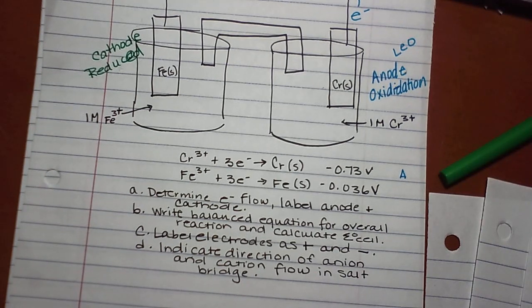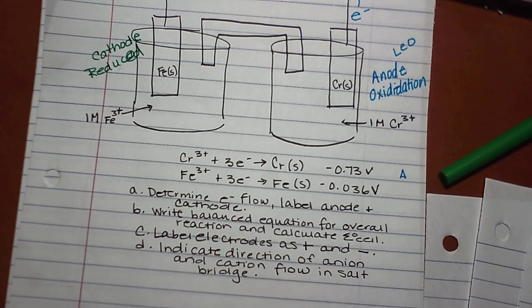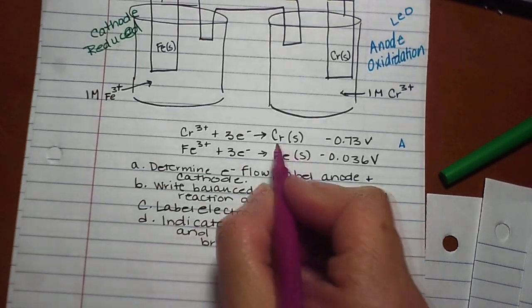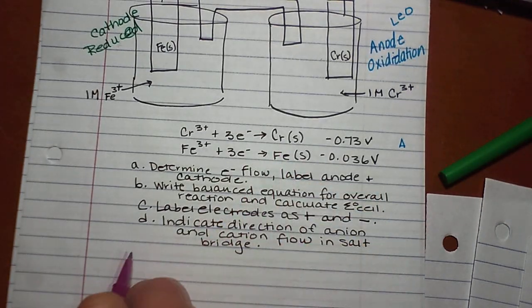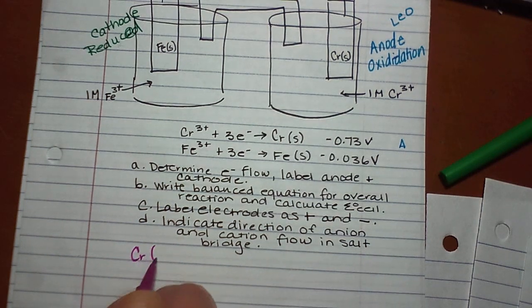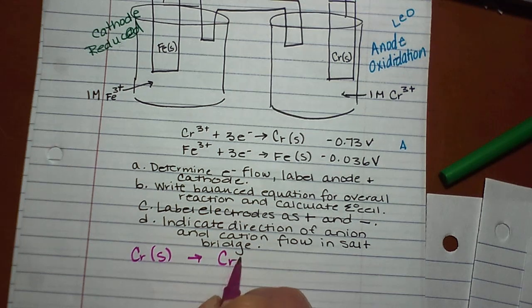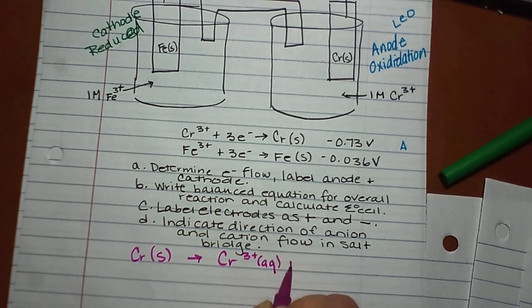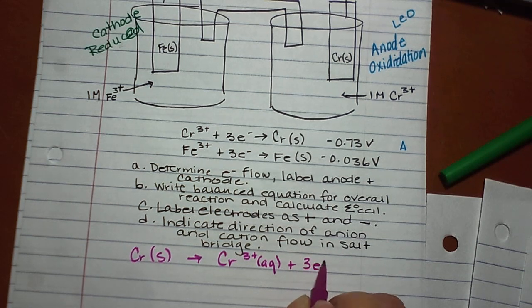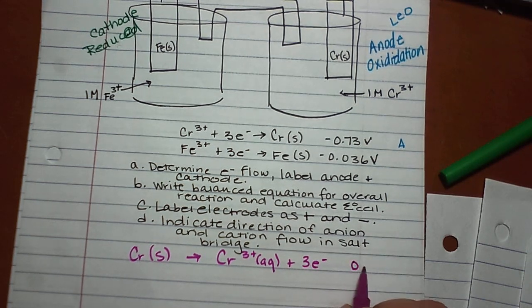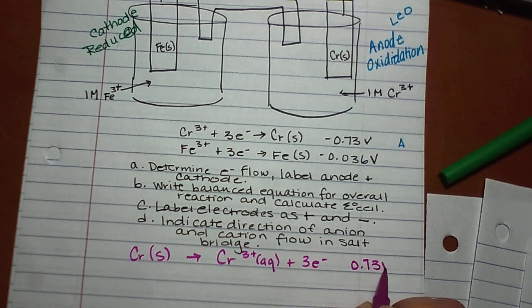Okay. So I'm going to flip the anode, which means what I'm going to get is Cr solid yields Cr 3 plus aqueous plus 3 electrons, and that's going to give me 0.73 volts.